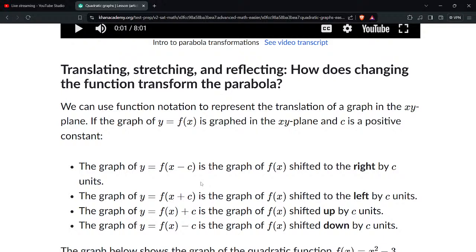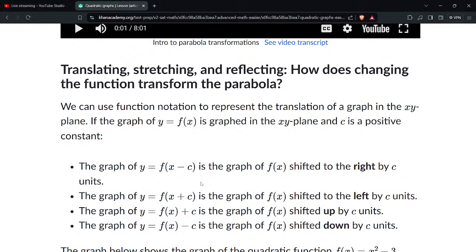Minus is right side. Plus is up. What? Minus is right side. Okay. So inside the graph is right, left. Outside is up, down. Inside minus is to the right. Outside plus is in the upwards direction.